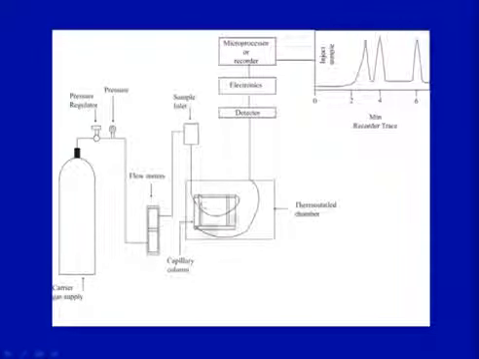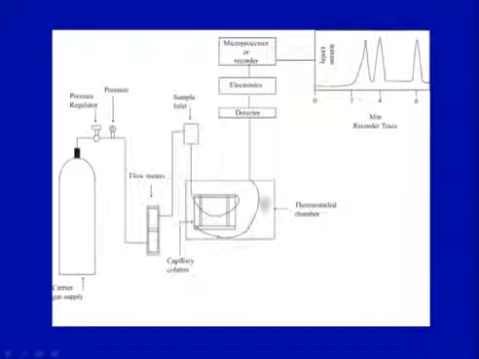This column is a very long column, and since it is long, it is coiled, which is not seen here. So, in this oven there is a coiled long column, but very thin, with a very small diameter. They are very narrow bore columns, and this column length is required for proper separations.